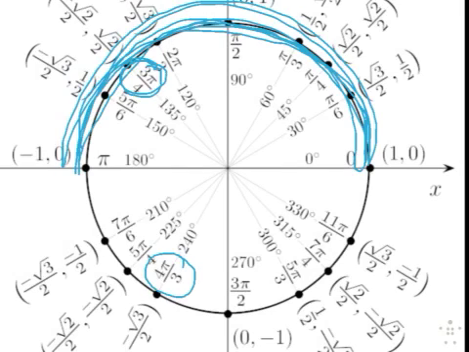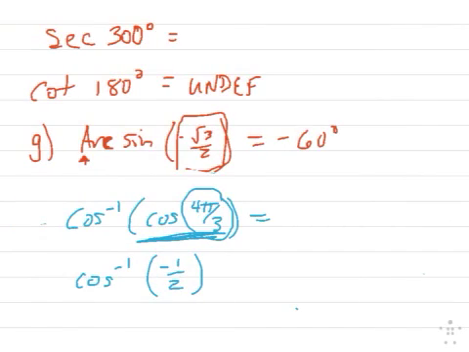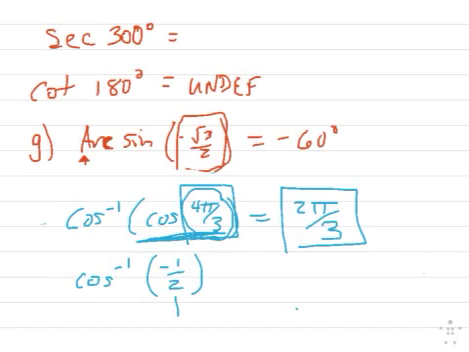That answer is right up there. So it's going to be 2 pi over 3. Your answer is not 4 pi over 3 as you would think. It's 2 pi over 3 because 2 pi over 3 and 4 pi over 3 both have the same cosine, namely negative 1/2.